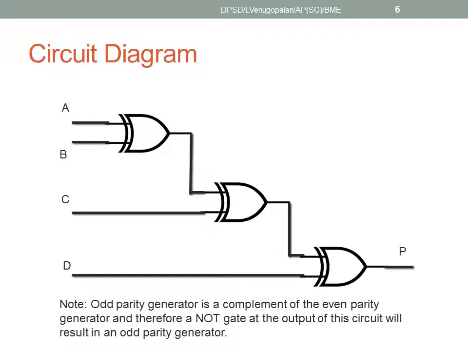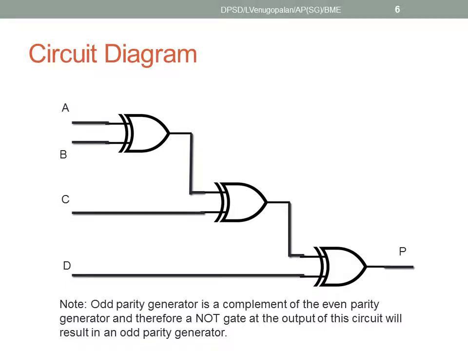The other input for the second gate is the variable C. The output becomes A exclusive OR B exclusive OR C, and that is fed to the third exclusive OR gate, whose other input is D. So ultimately, P is the exclusive OR of A, B, C, and D.